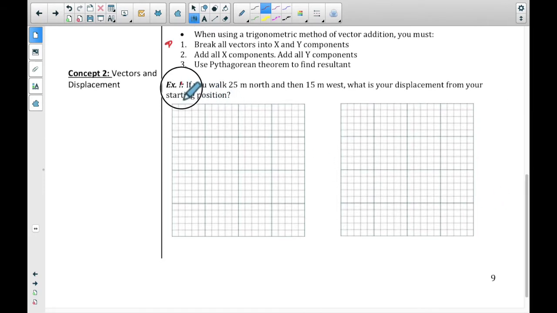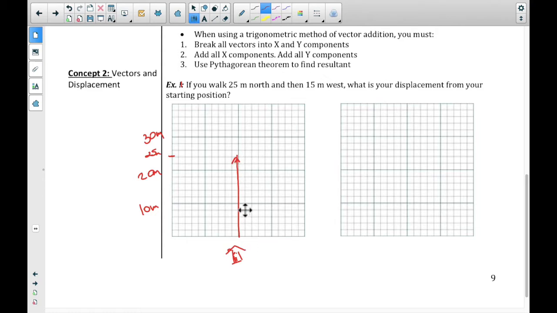This is example 1. If you walk 25 meters north and then 15 meters west, what is your displacement from your starting position? Well, we talked about having a convenient scale, and unfortunately my graph paper here is not convenient, but we're going to do it anyway. So let's say this is your house down here. You're going to walk 25 meters north, so that's 10, 20, 25 meters, and then 15 meters to the west.